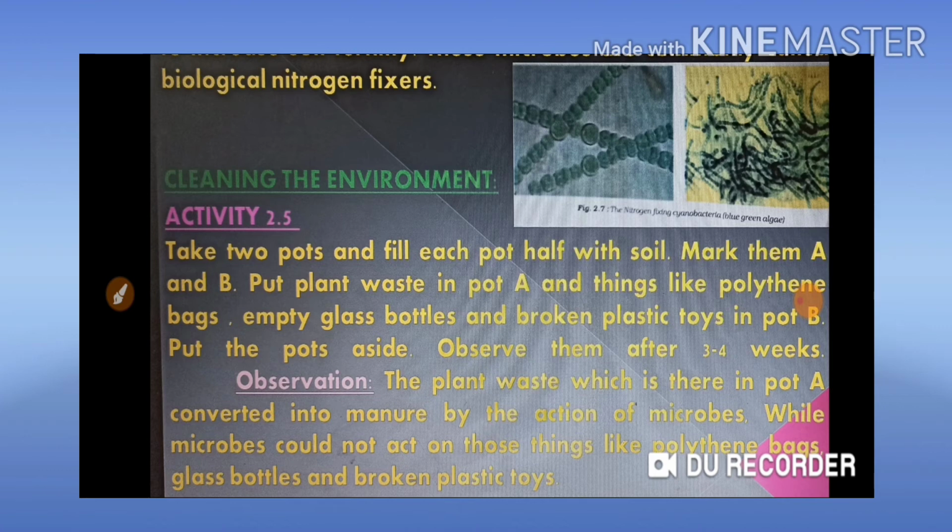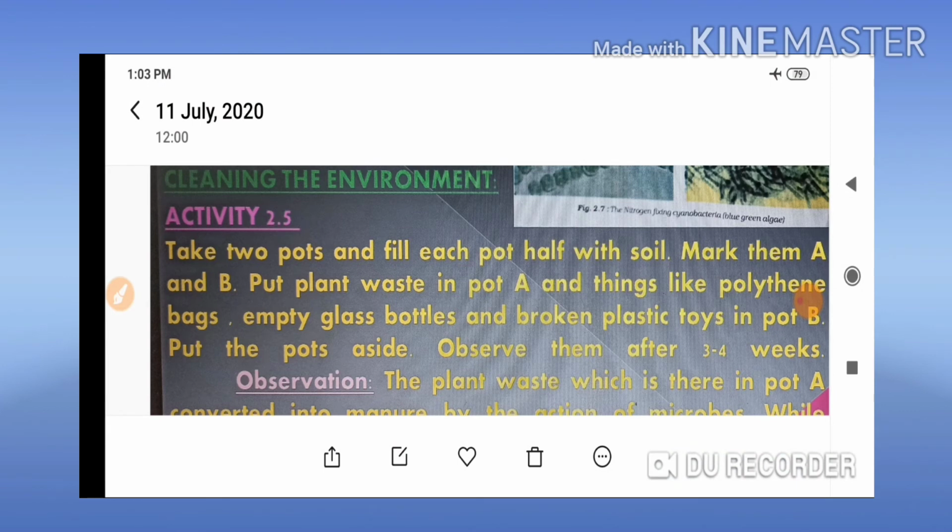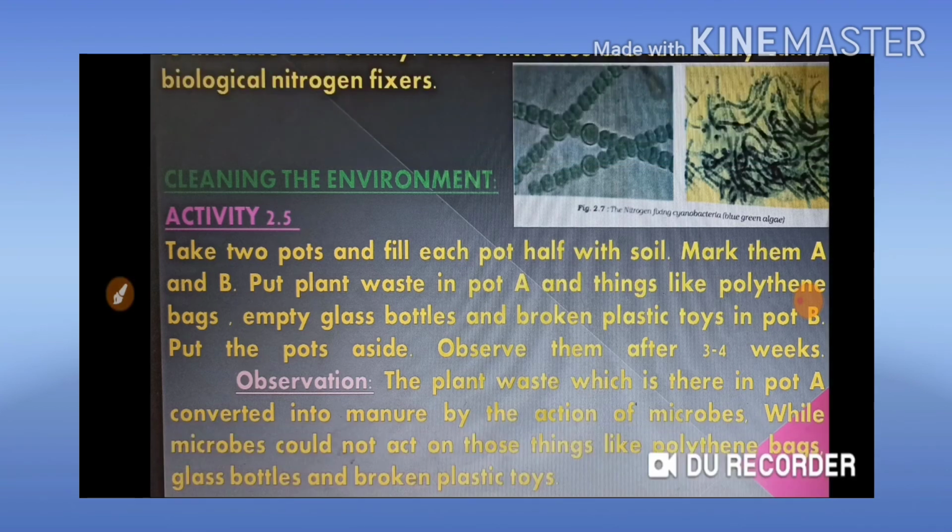After three to four weeks, these will be completely decomposed. You will not be able to find a single piece of the waste particles in pot A.